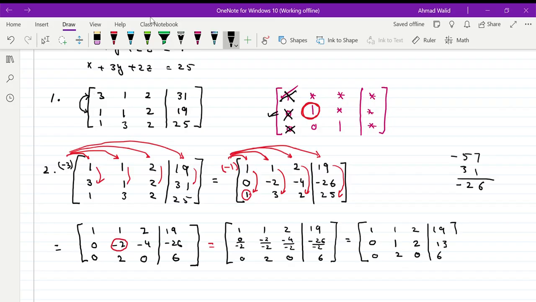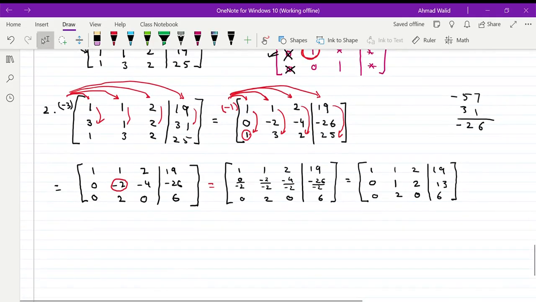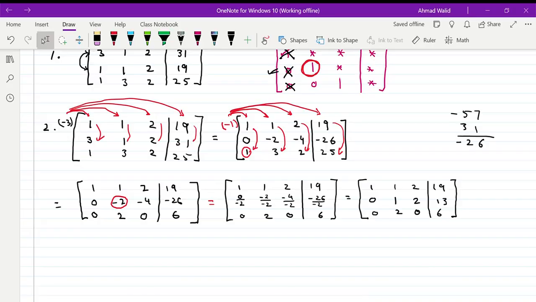There are a lot of possibilities of making a mistake easily, even when you are copying the numbers. Go slow, correct? Now I am done with this goal, right? The next one is to get a 0 in column 2, row 3. Look at the goal matrix. I just circle it with the black color, correct?